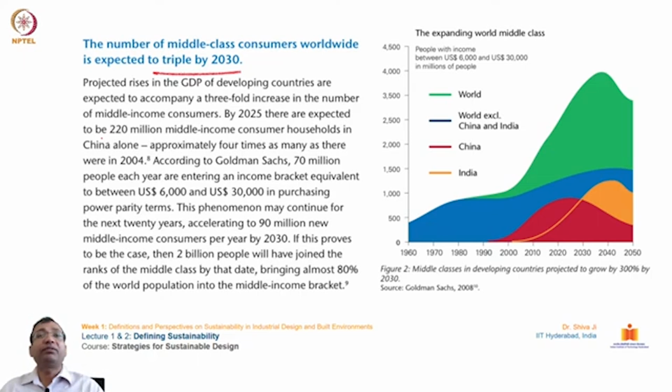There is a projection that in the coming years this percentage will decrease, with a lot of effort being made by the government and governmental agencies and our health sector to control the population, to bring the population to a check, where the number of people being born every year should come closer to the number of people who are dying every year.